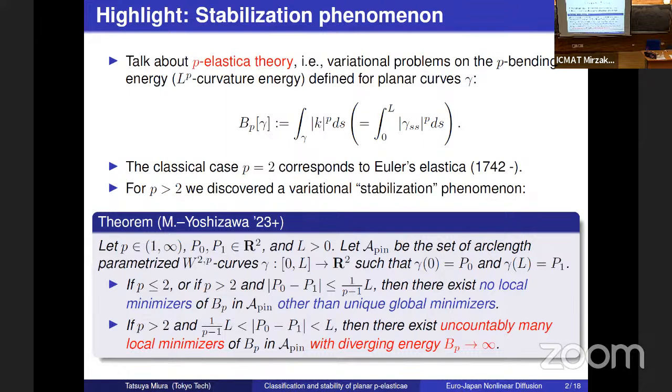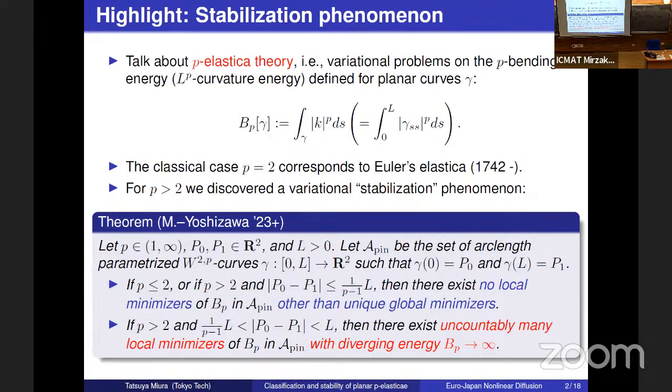However, very recently, we have found a very new stabilization phenomenon in the degenerate regime. And more precisely, we can show that if p is greater than 2, and also the boundary conditions satisfy this relation, meaning that the boundary points are far from each other, then there in fact emerge uncountably many local minimizers of this energy.